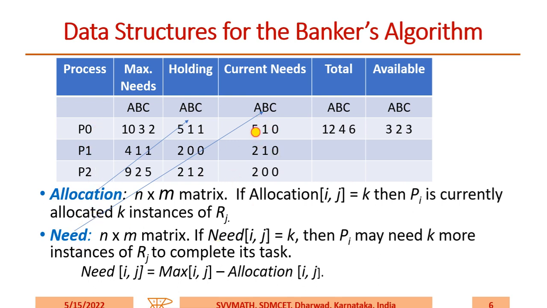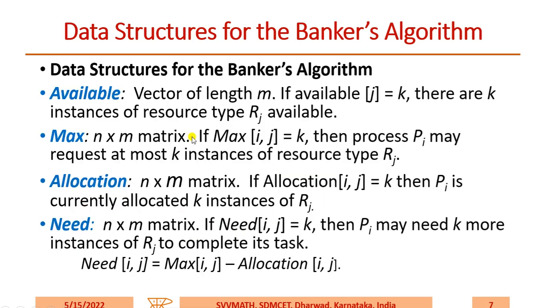To maintain that, I need another data structure which is an n cross m matrix. You can pause and go through. Data structures for the banker's algorithm, whatever I just now told, is mentioned once again in this particular slide. You can pause this and go through this slide and try to understand.